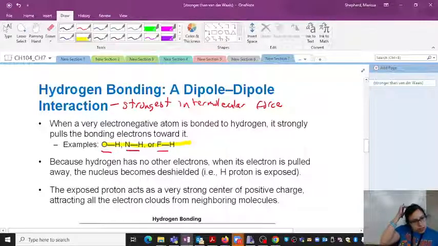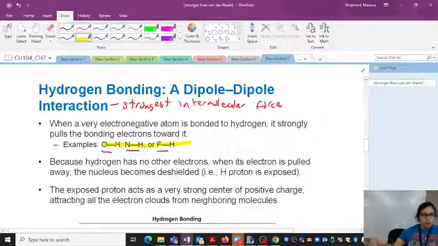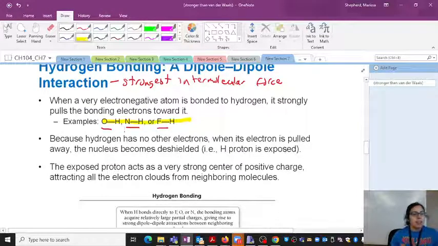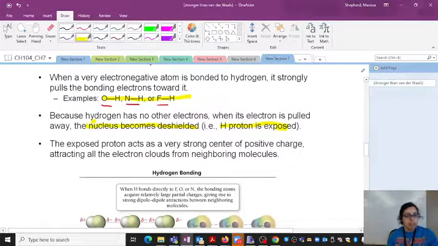And the reason why it happens is because we have a very electronegative element bonded to hydrogen. That means it's essentially stripping hydrogen of all its electrons. And of course, if you recall, hydrogen just had one little electron to begin with. It gets pulled over. And so now we can say that the nucleus is de-shielded, aka that H proton is exposed. That means it can act as a strong center of positive charge.